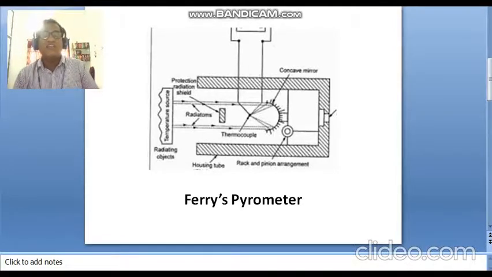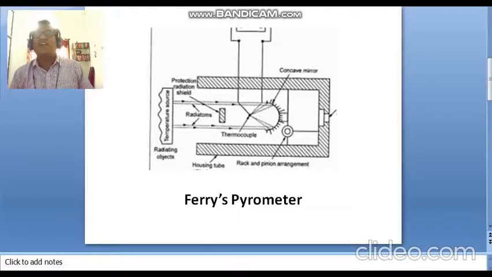Here the thermocouple circuit is connected to a millivoltmeter on top of the Féry pyrometer. So this is the construction part of Féry's pyrometer. Now come to the working principle. Initially the thermal radiation is incident on the surface of the copper nickel concave surface.